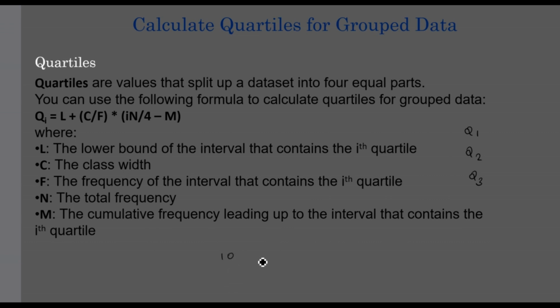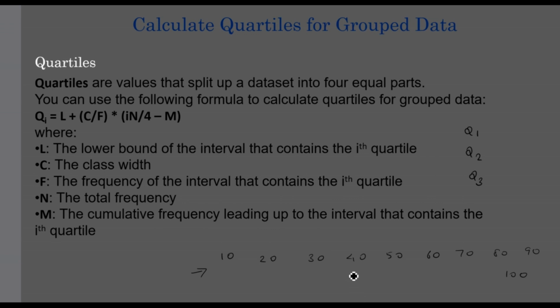Say the data is like this: 10, 20, 30, 40, 50, 60, 70, 80, 90, 100. Quartiles are values that split a data set into 4 equal parts.